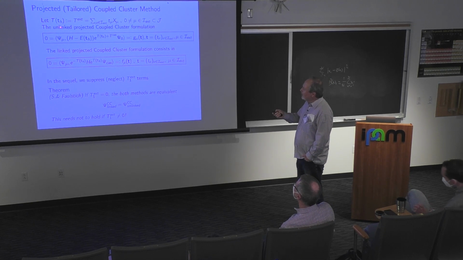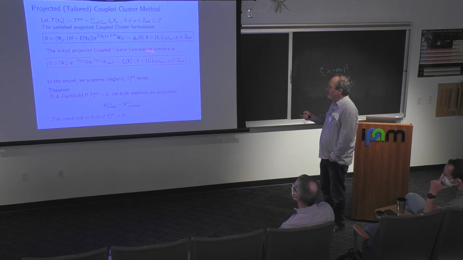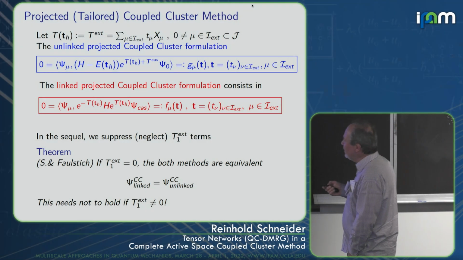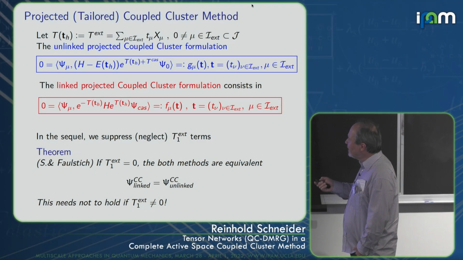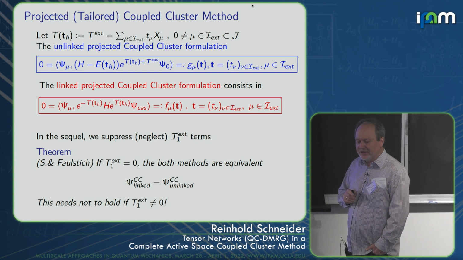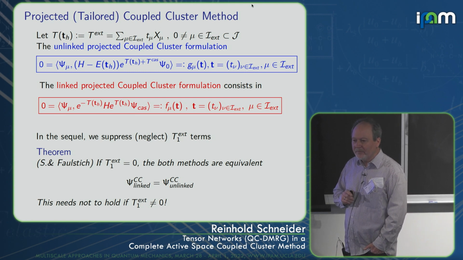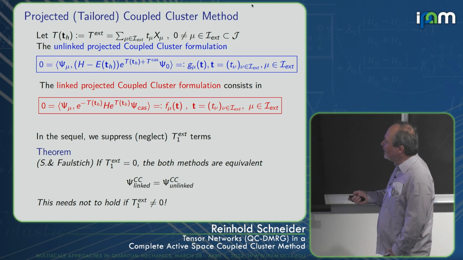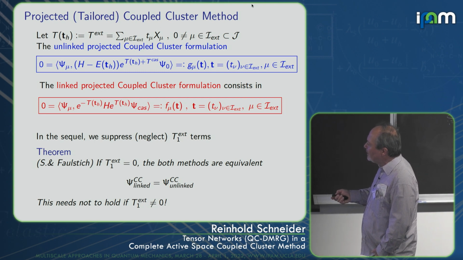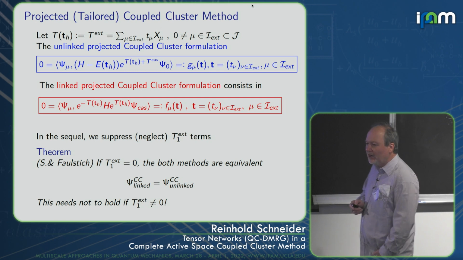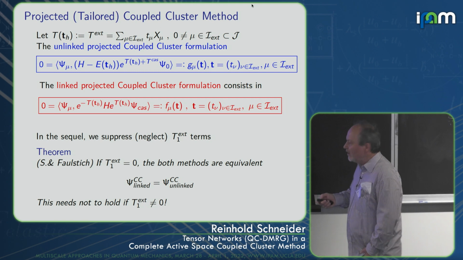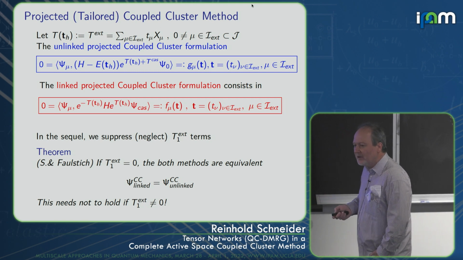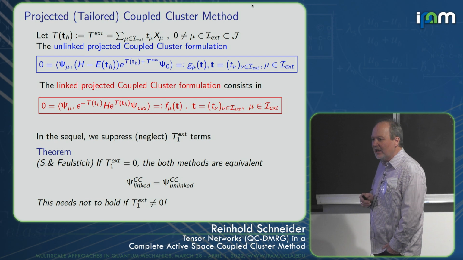We can consider the unlinked formulation and the linked formulation. Usually these formulations are equivalent, in the sense that these are different nonlinear equations, but the solution is the same. But this is no longer true in our case, except if the T1 external amplitudes are 0. If they are not 0, I can give you some examples where these solutions are not the same.